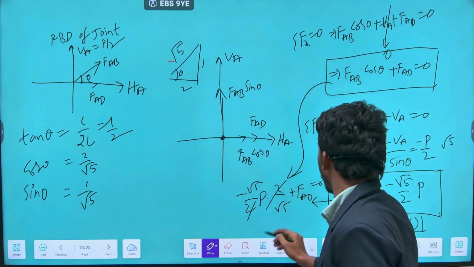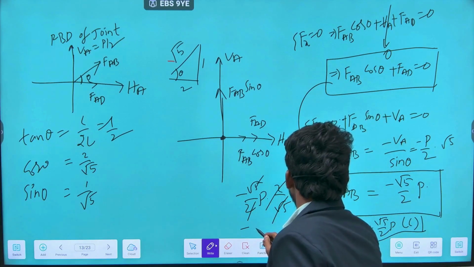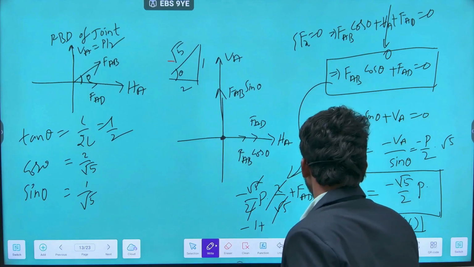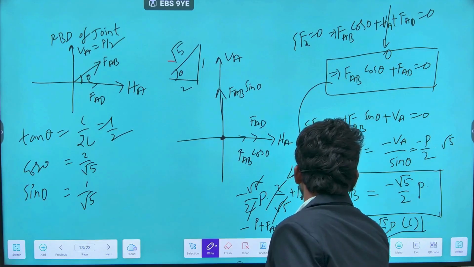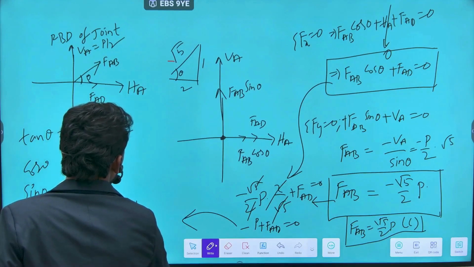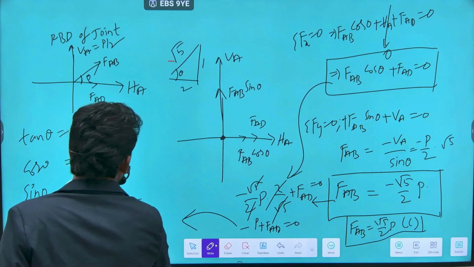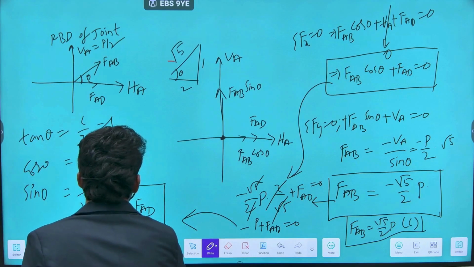So 2 gets cancelled, root 5 gets cancelled, and we get minus P plus FAD equals 0. So from this, P equals FAD. We got a positive value, which means this is tension.